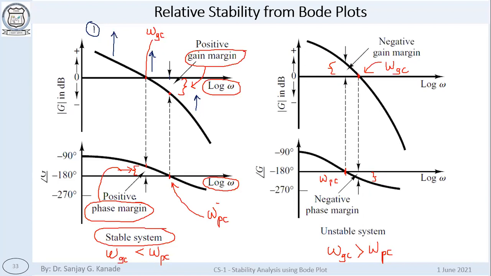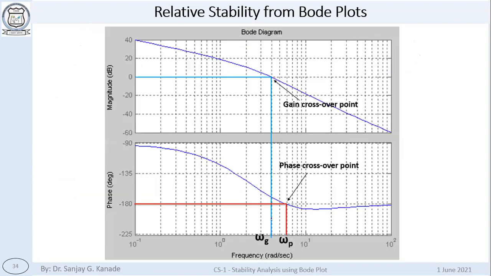To summarize, here is the gain plot or the Bode plot obtained using software. This is the 0 dB line, and the point at which the gain plot crosses the 0 dB line is called omega GC.